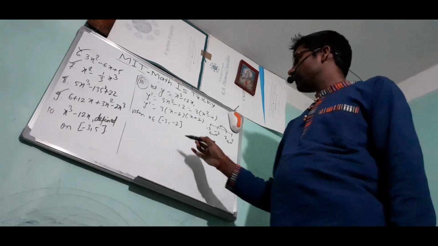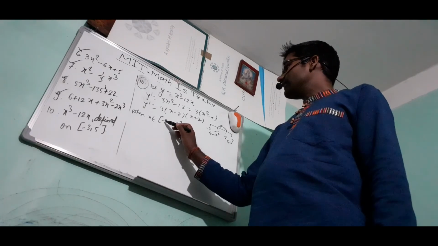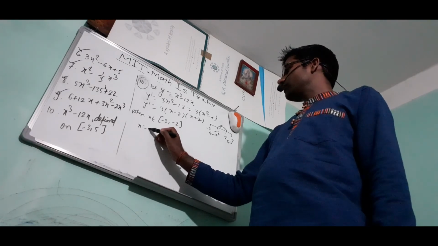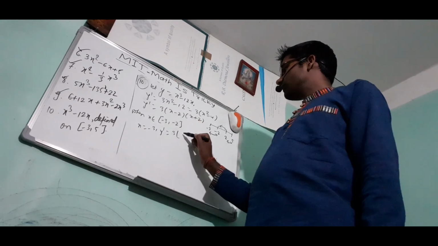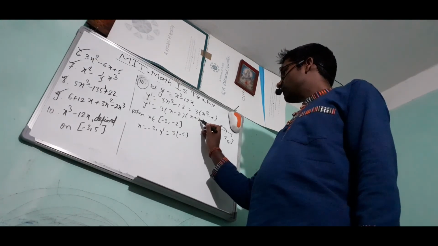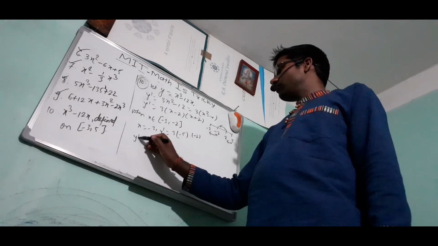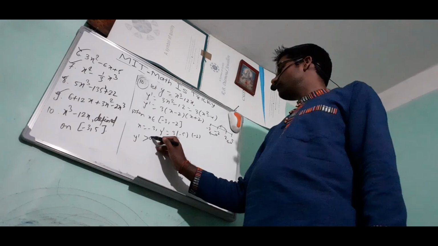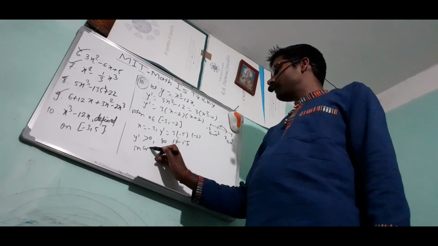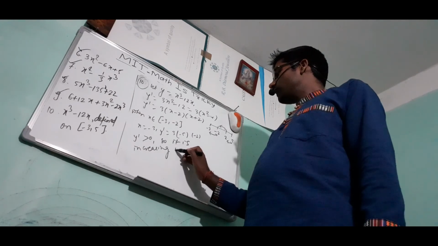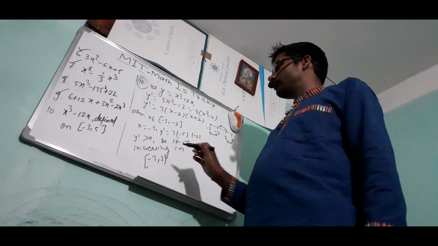If we take x equals minus 3, y dash will be simply 3, minus 3 minus 3, minus 5, and then minus 3 and plus minus 1. So y dash will be simply positive. So it is increasing in the interval minus 3 to minus 2.